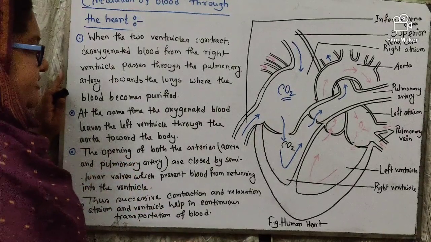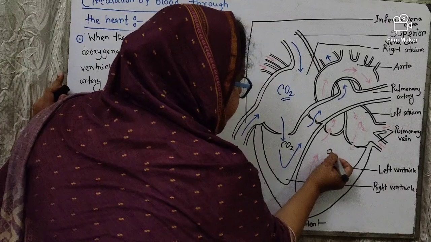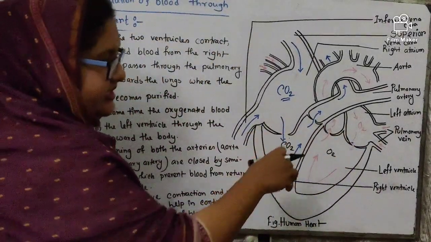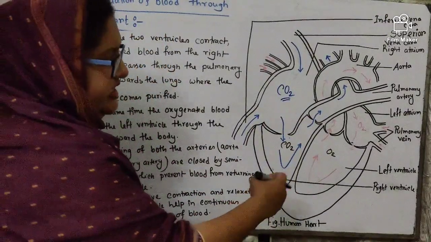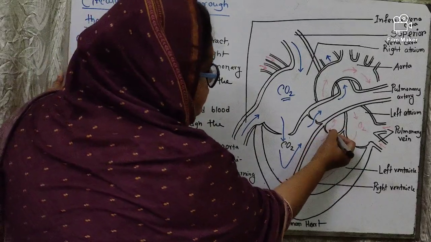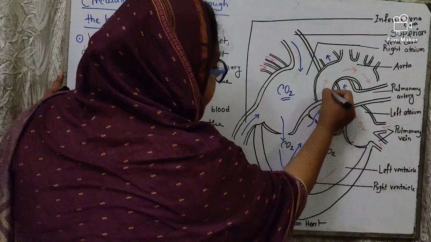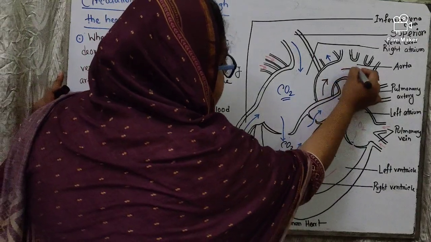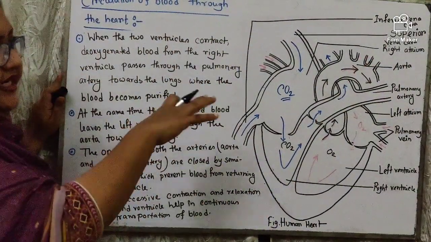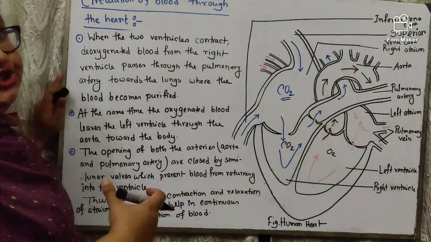At the same time, the left ventricle contracts, so the oxygen-enriched blood which was present in this left ventricle also passes through the semilunar valve, and through this semilunar valve it goes to the aorta. It goes to the aorta and is spread all over the body, which supplies oxygen to different parts of the body.